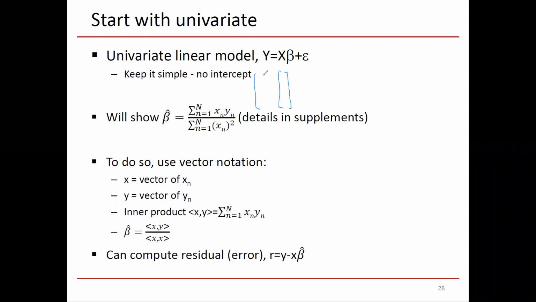Y is going to be a vector of observations. But when I'm saying vector, there's not a matrix X with multiple columns, there's a single column. That column is multiplied by a scalar beta plus vector noise. Now, we're going to show, and I'm going to do this in a moment, but this is in the supplements. You can go look at the supplements later. We're going to show that the optimal beta is summation over xn yn divided by summation over xn squared.